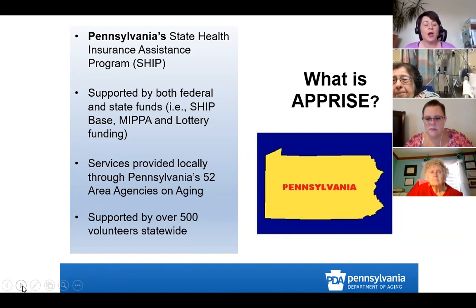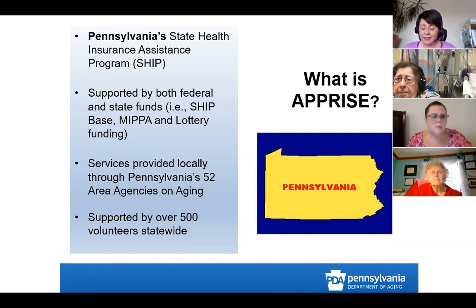So if you have friends or family members that live in a different state, they also have a SHIP program available to them that will provide the same services that I talk about today for us here in Pennsylvania. Now, the program itself has been in existence for over 30 years, and the secretary of the Department of Aging at the time of the program's creation was the one that determined the name. So in Pennsylvania, we call our SHIP program APPRISE.